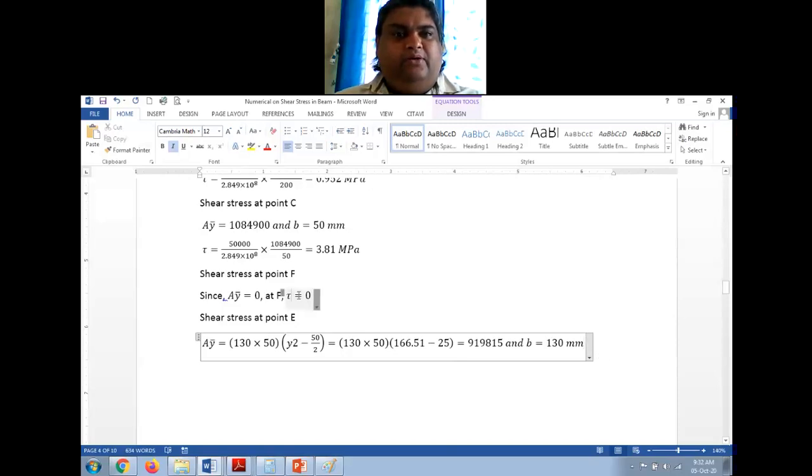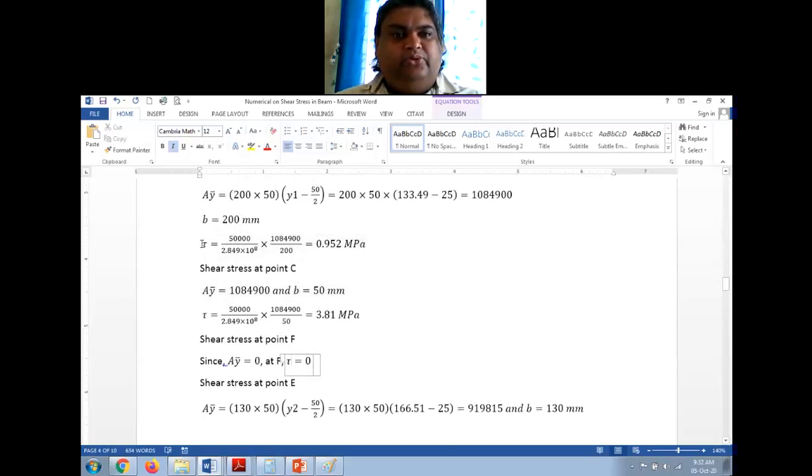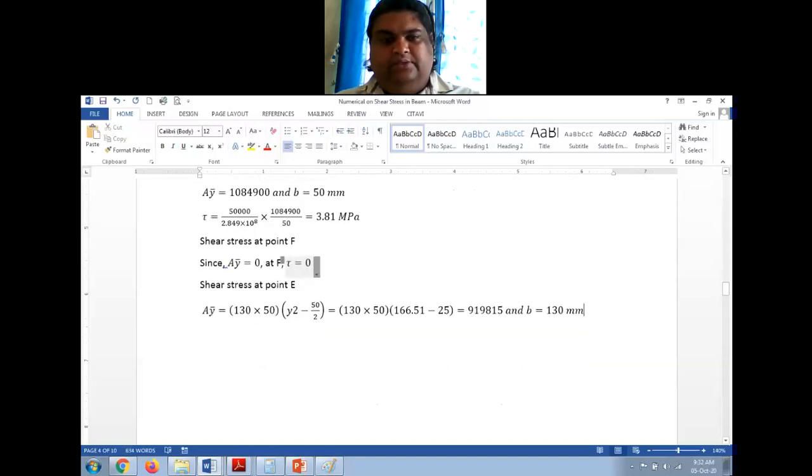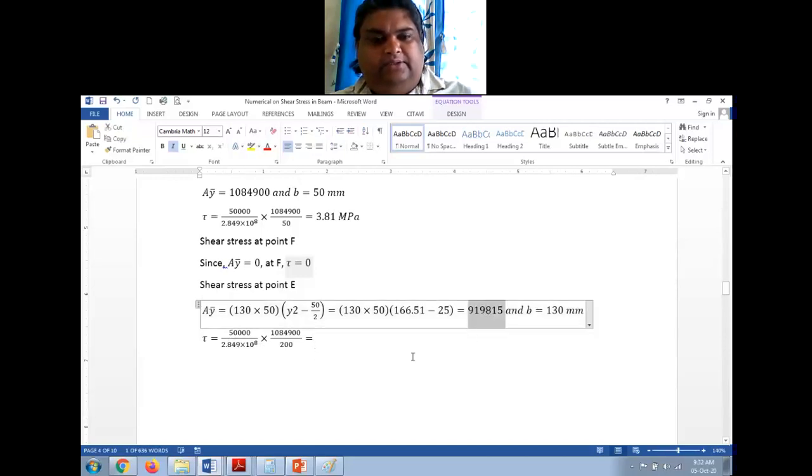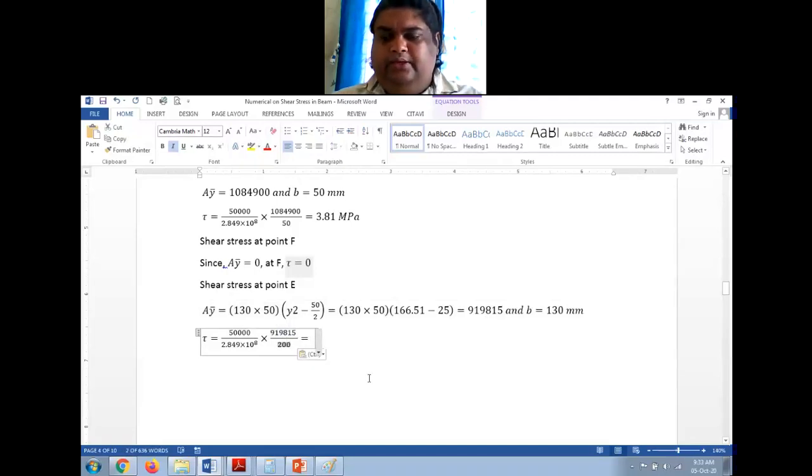Now let us substitute in this expression for shear stress. Tau is equal to shear force, which remains same, 50,000. I is same, AY bar is this value and B is 130.